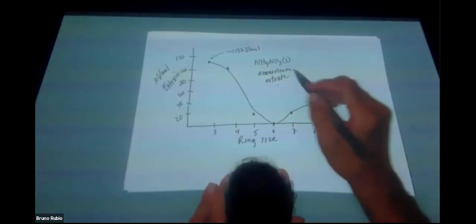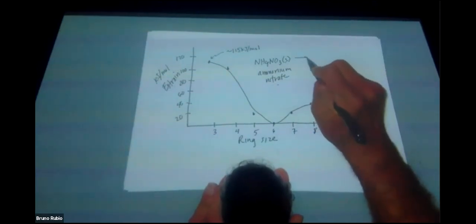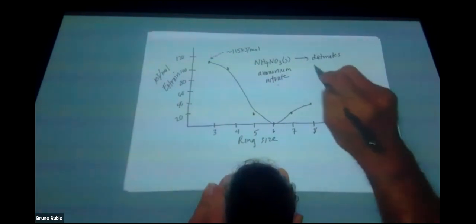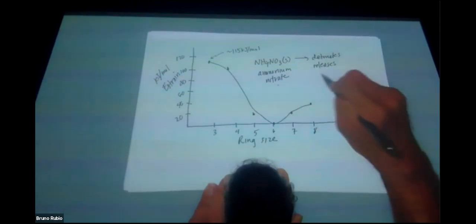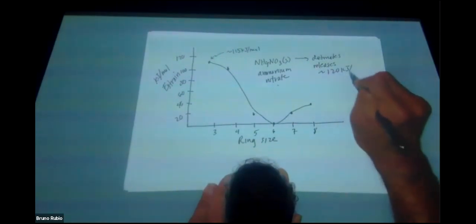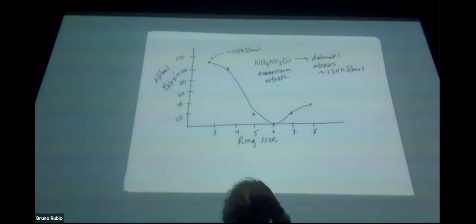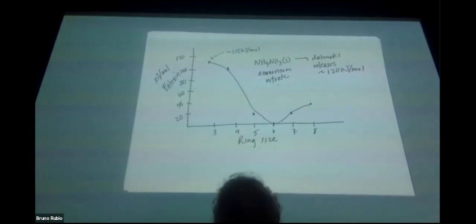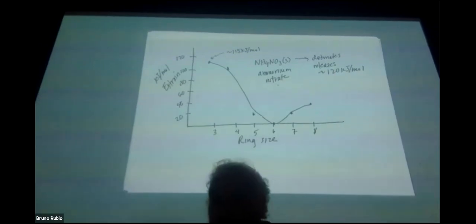And when ammonium nitrate detonates, it releases about 120 kilojoules per mole. So the amount of strain in the three-membered ring is comparable to the amount of energy that is released when an industrial demolition explosive is detonated. So that's quite a bit of strain, I would say.